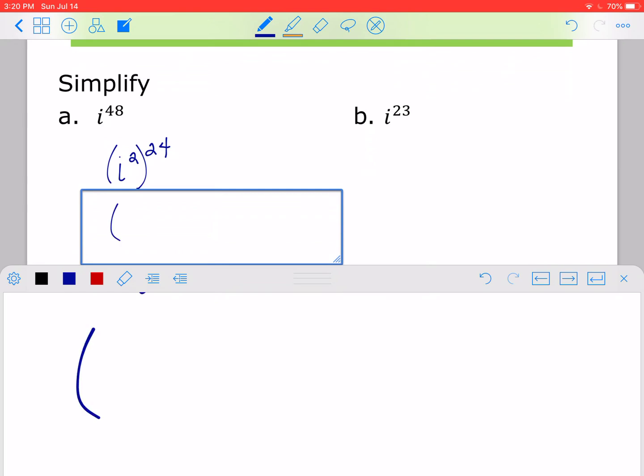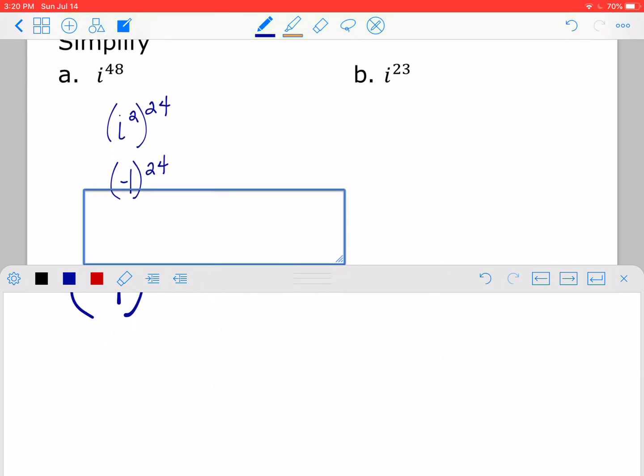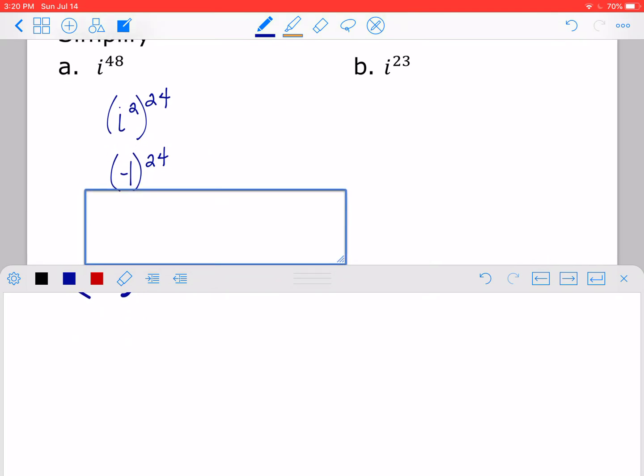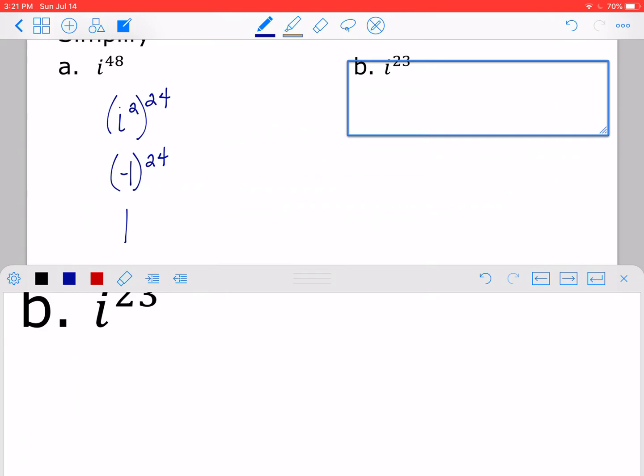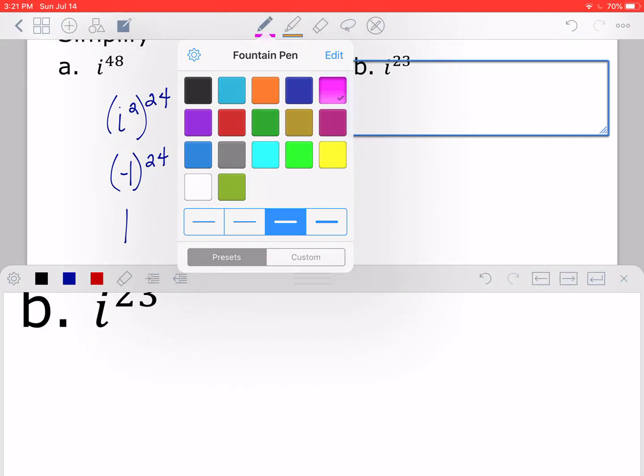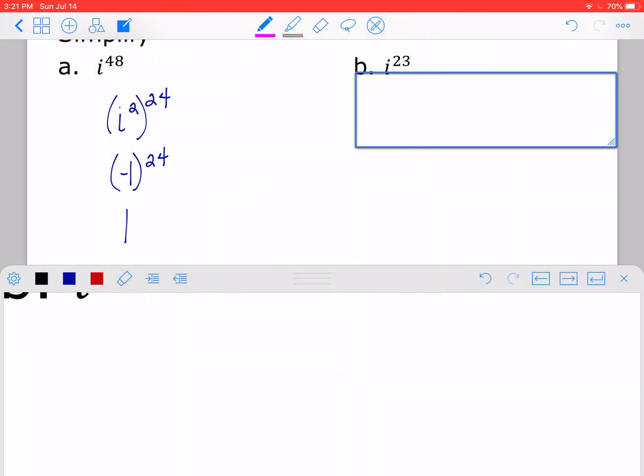For the next one, we've got an odd number, 23. Still got to get it in terms of i squared. So what if we said i to the 22 times i? Well, that would be i to the 22 plus 1, which is i to the 23. So it's the same thing.